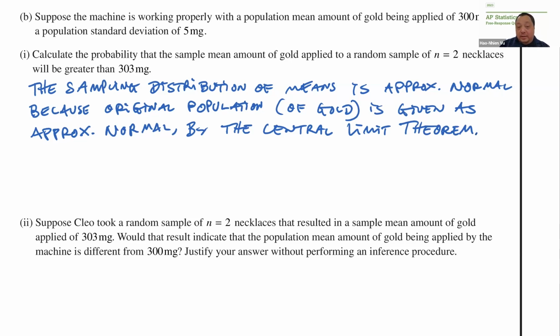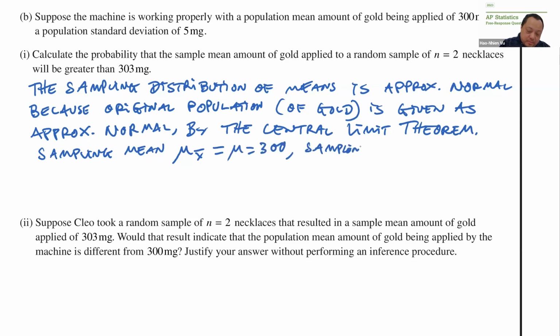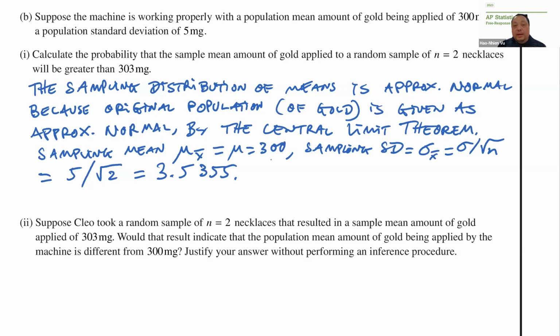And now we can determine the sampling mean and the sampling standard deviation. Sigma over square root of n. And now I'm doing all the identifying necessary for normal.